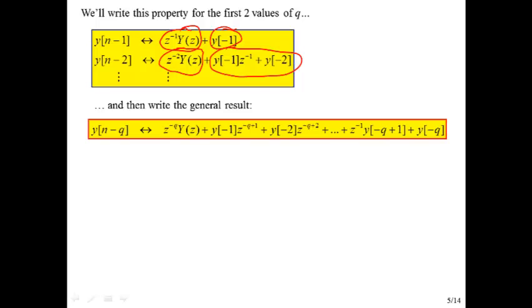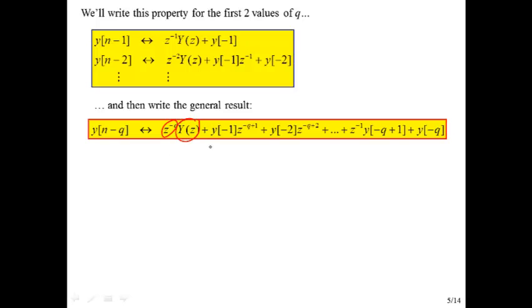And so now we can conjecture what the general result would be. When we had 2 up here, we had a z to the minus 2, and then we had 2 terms, where we had a z to the minus 1 and a z to the 0. So we can conjecture what that would look like. We're going to have a z to the minus q times Y of z.